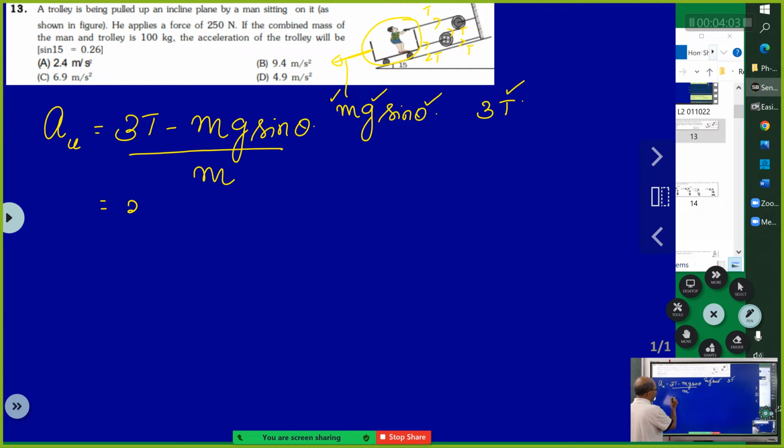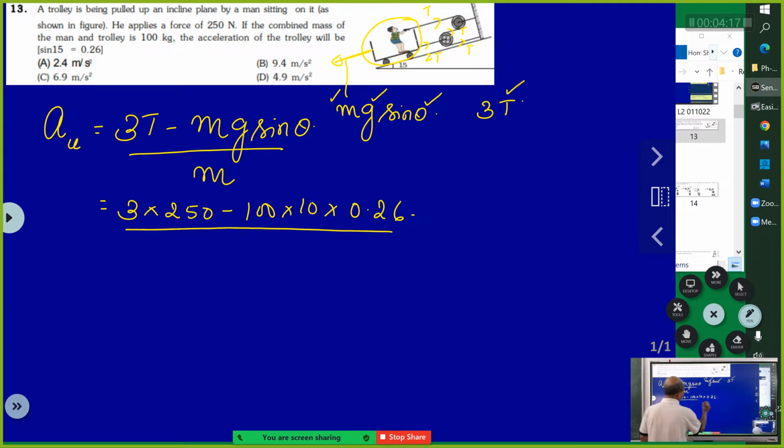Okay. So plug in the values. 3 into 250, because T is 250, m is 100 kg, g is 10, and they have given sin 15 as 0.26, and divided by 100. So here you just have to manipulate it.